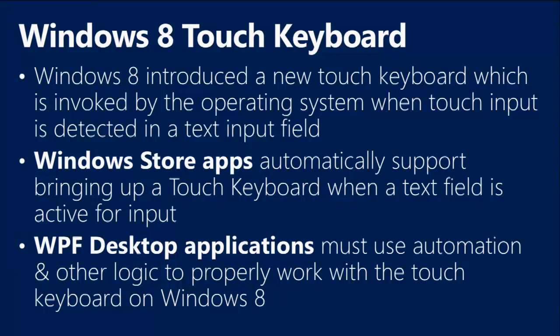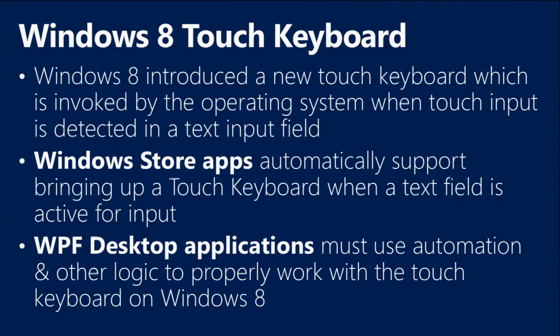Okay. So what we did in this code, and we're going to publish this code in my blog in a few days, and it's pretty simple, is we are using the Windows SDK. So when we click on any edit box within your WPF application, the Windows 8 touch keyboard is going to appear automatically.